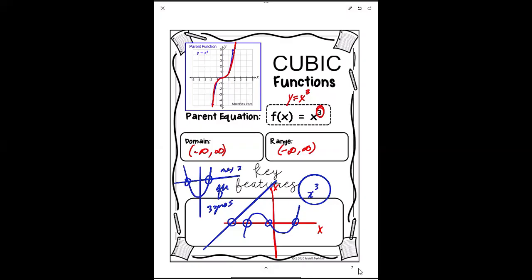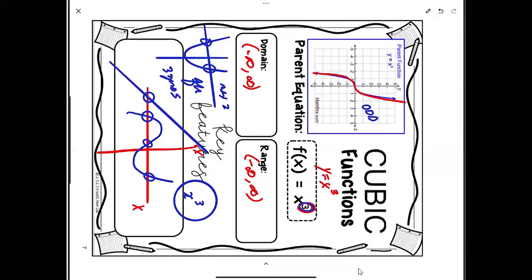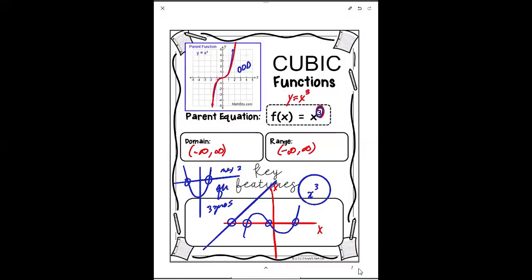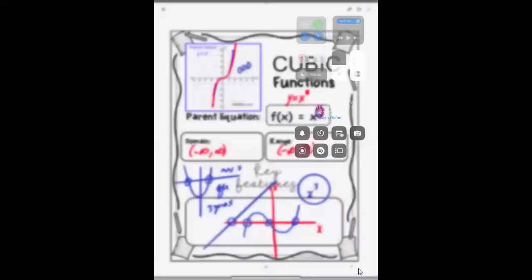One more thing. This is considered an odd function. 3 is an odd number. And all that means is that if you were to flip this way, did it change? Well, let me see. I'm going to try to lock this. All right, here's the key.